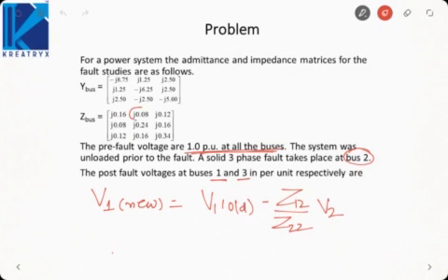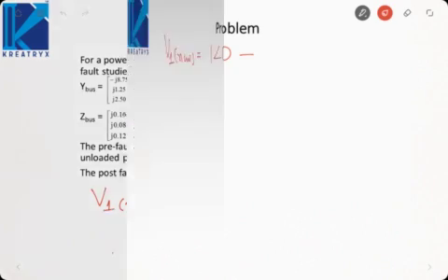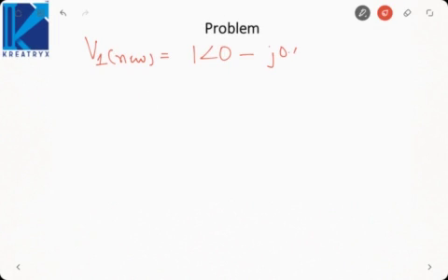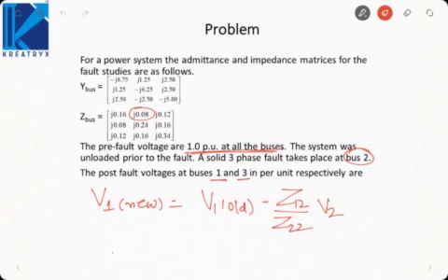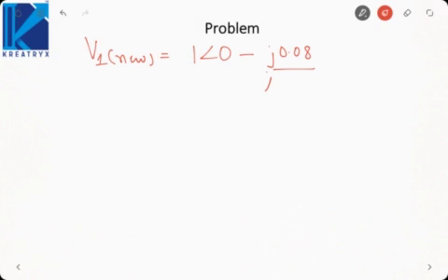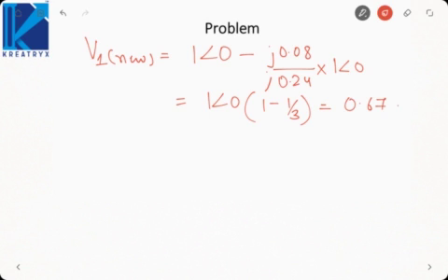Now Z12 is j0.08, Z22 is j0.24, into 1 angle 0. That is 1 minus 1 by 3, that is 2 by 3, so 0.67 pu.